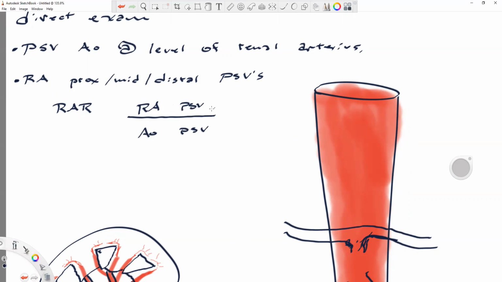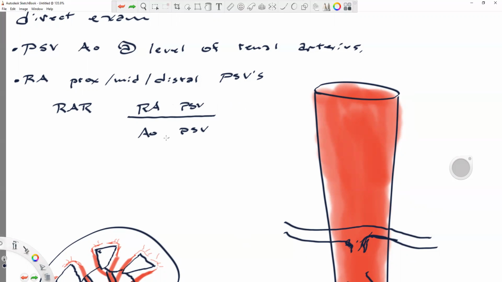So we'll do this for proximal, figure out what that is. We'll do it for mid, figure out what that is. And distal, figure out what that is.